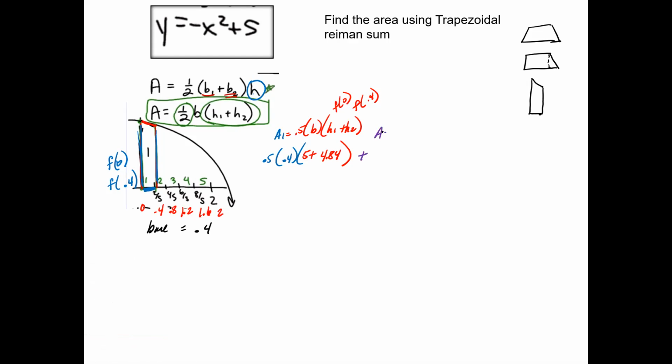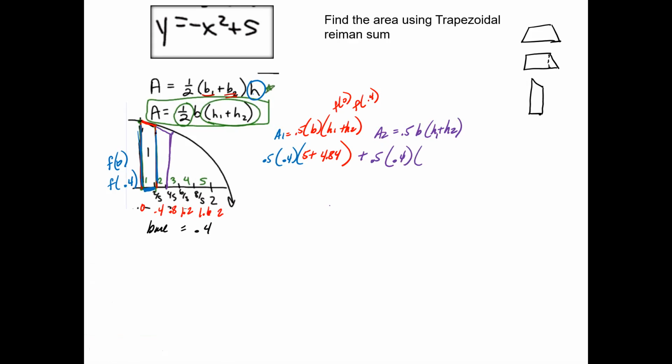Plus, let's do the second area. If I were to draw the second area here, this is my trapezoid. Okay, so then again, remember it's going to be 0.5 times base, height 1 plus height 2. So then I have 0.5 times the base, which is 0.4.